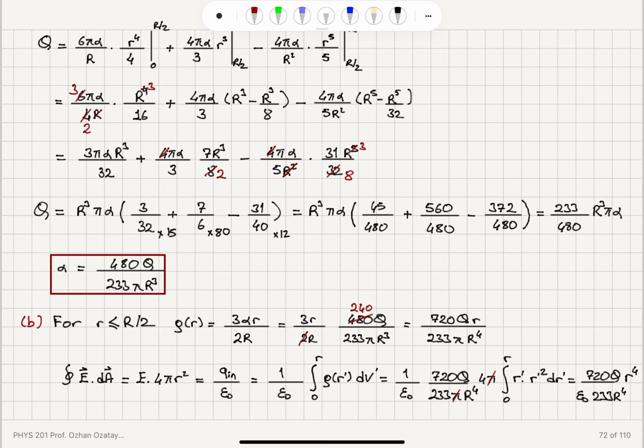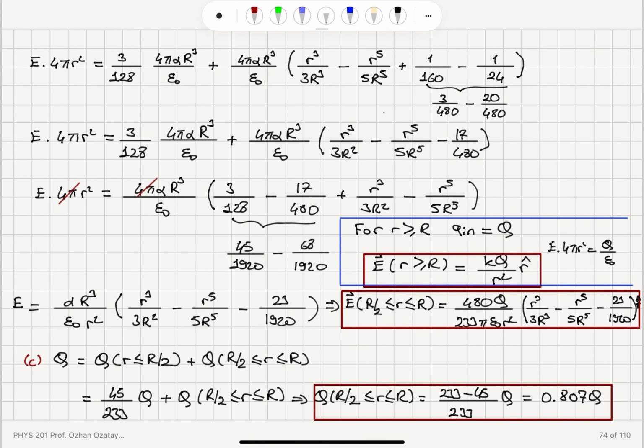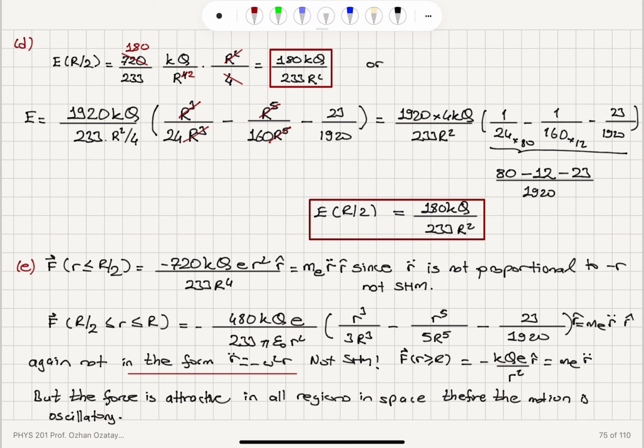And if we substitute for alpha this value, we can get this result, 45 over 233 capital Q. Since the total charge is capital Q, the fraction of the charge is 233 minus 45 divided by 233, 0.807. In part D, we were asked to calculate the magnitude of the electric field at capital R over 2, which can be found either by substituting R equals capital R over 2 for the solution in the first region or the solution in the second region. They give identical results as expected.